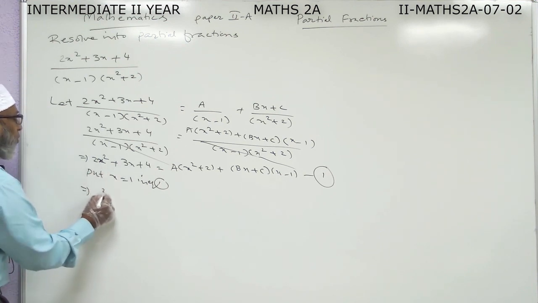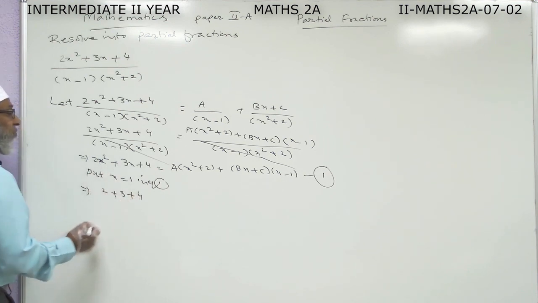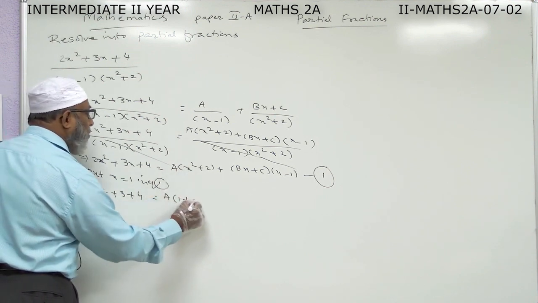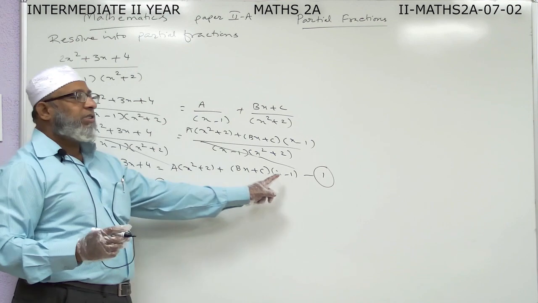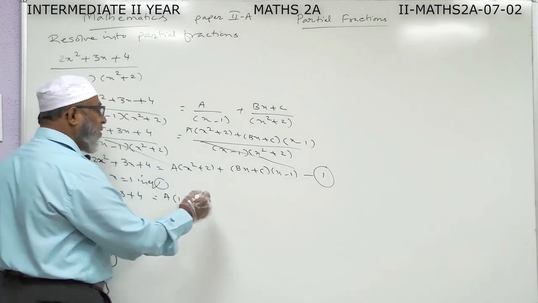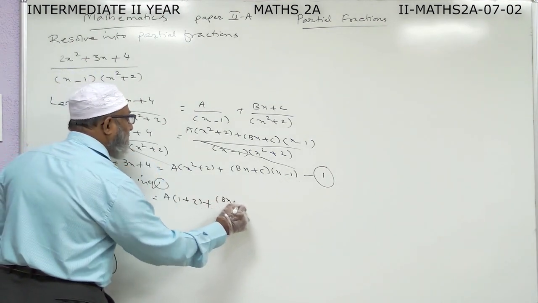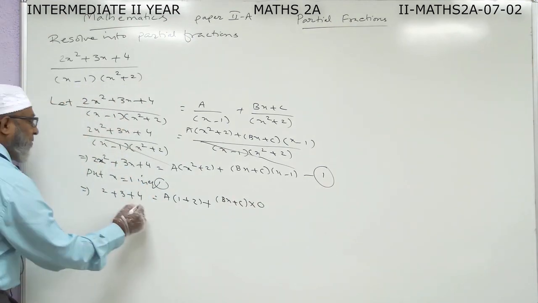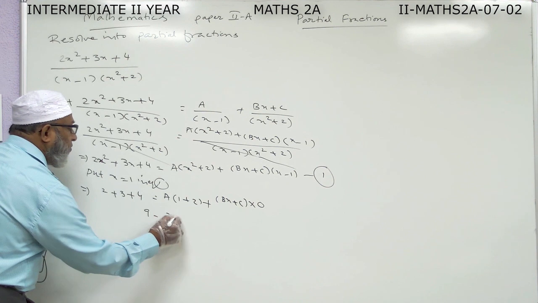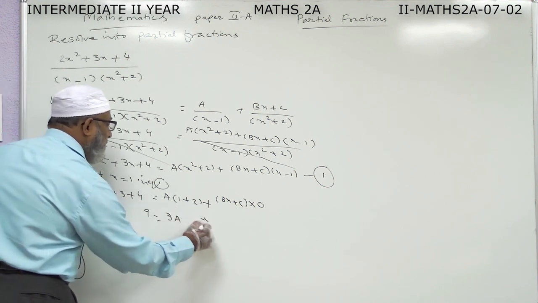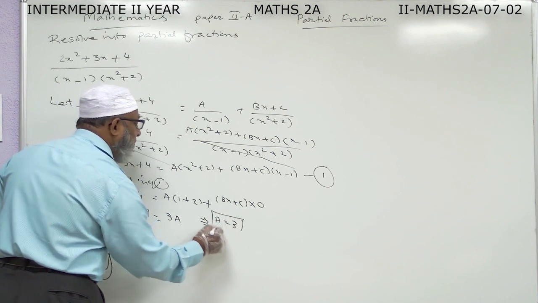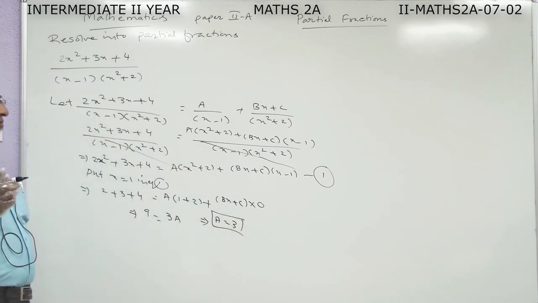This is 2 plus 3 plus 4 is equal to a into (1 plus 2) plus, if I put x equal to 1, 1 minus 1 is 0. Therefore, (bx plus c) into this part will be 0, which gives me 4 plus 3 is 7, plus 2 is 9, equal to 3a. This implies that a is equal to 3.